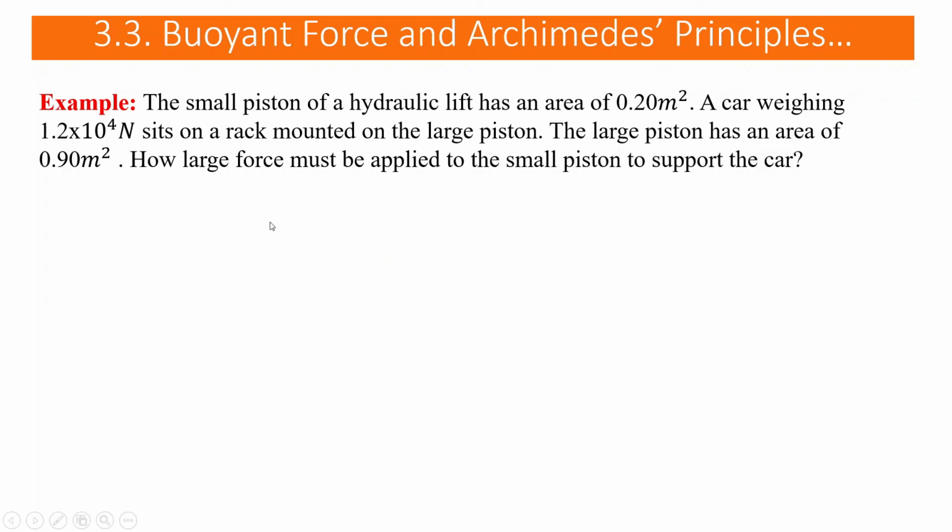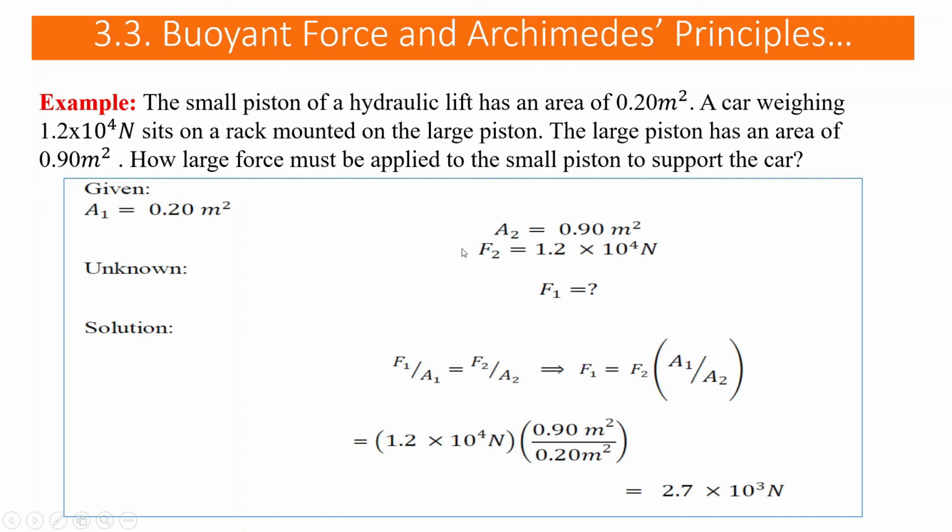Therefore F1 is equal to F2 multiplied by area 1 divided by area 2. So area 1 is equal to 0.2, area 2 is equal to 0.9. Here is the solution. F1 is unknown, so F1 is equal to F2 times area 1 divided by area 2.